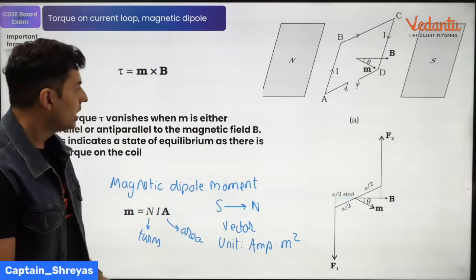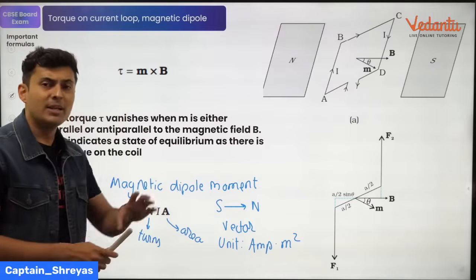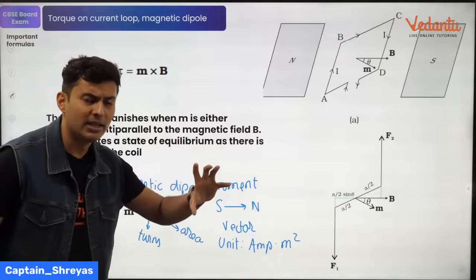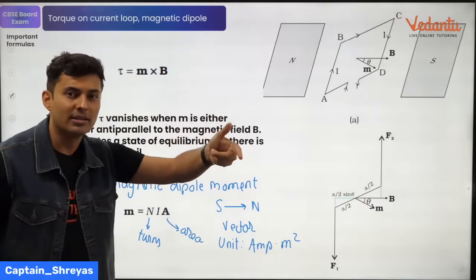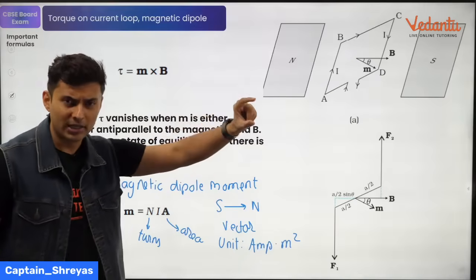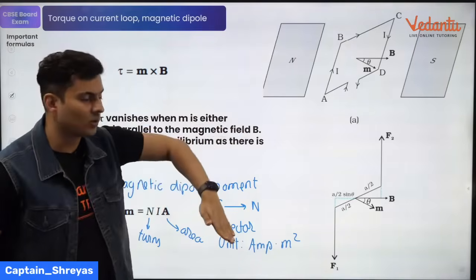Okay. Cool. So now, just like an electric dipole placed in an electric field experiences torque, it rotates, and the torque is given by dipole moment into field. Same, if you take a magnet, you put it inside a magnetic field, it will rotate.